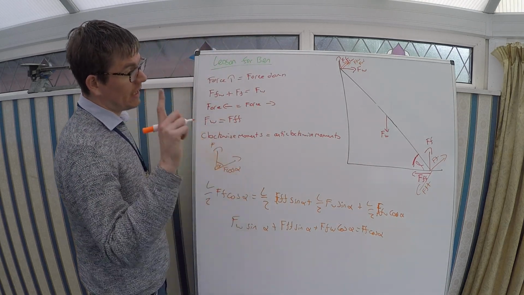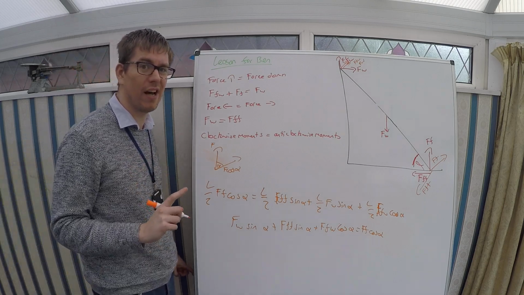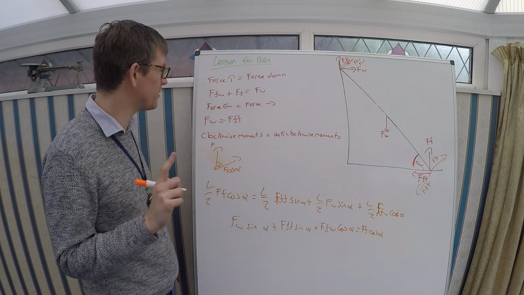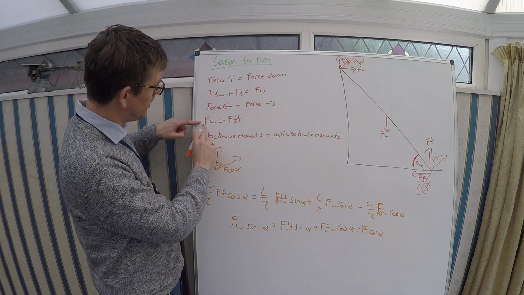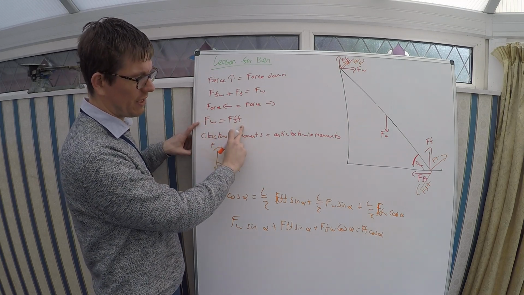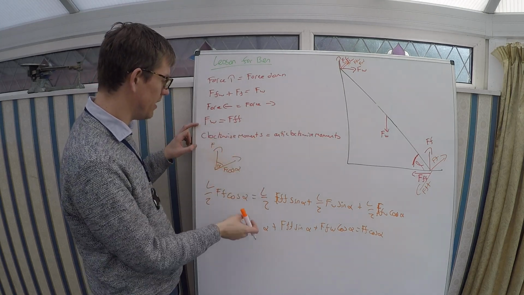Now, the way you solve it from here, and to be honest, there isn't too much point taking me through the rest of it, but there are basically two other tricks. The first is that you know the force of the wall is equal to the frictional force of the floor because of the left-right ones, so you can use that to sub in.